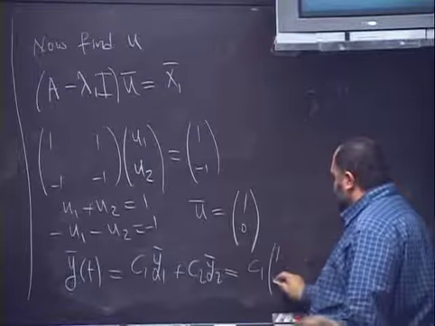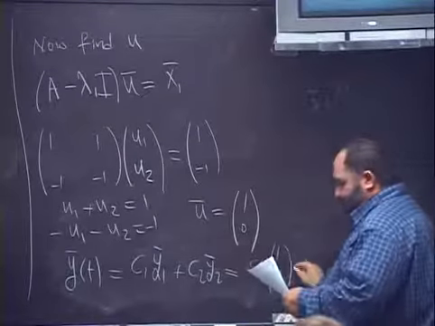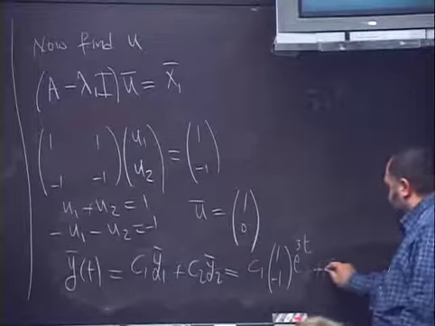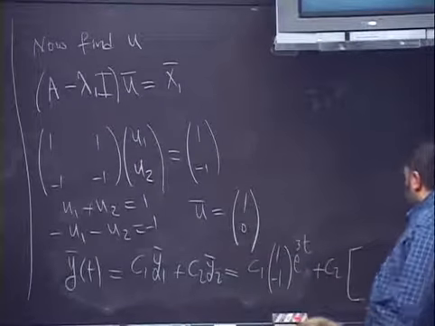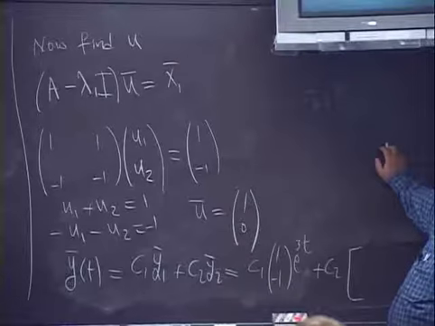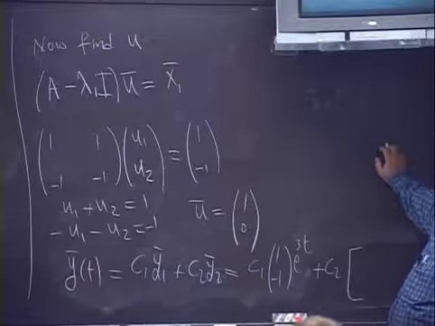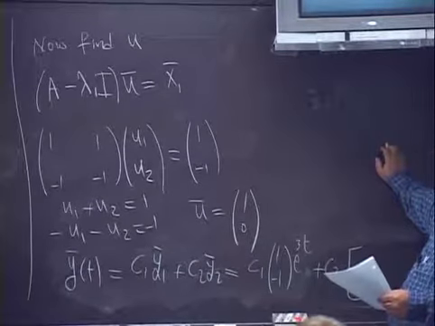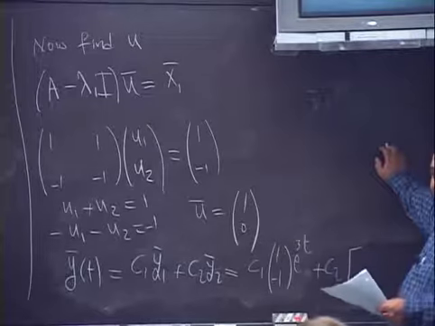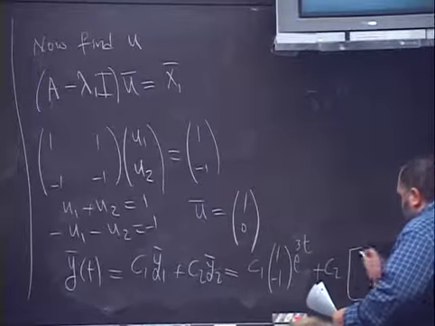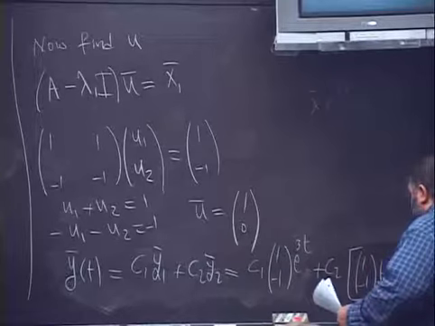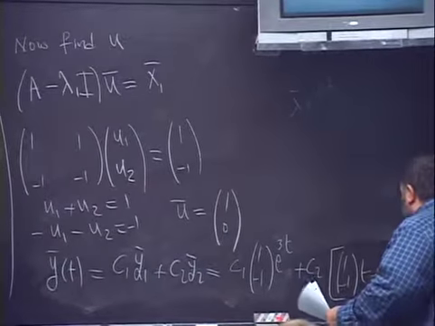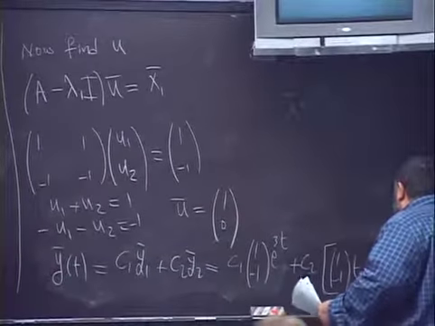So what's x? 1, minus 1, e to the power of 3t, plus C2. What's y2? y2 is x t e to the power of lambda t plus u e to the power of lambda t. Yes? So x is what? 1, minus 1, t e to the power of lambda t plus u. u is what? 1 and 0, e to the power of lambda t.